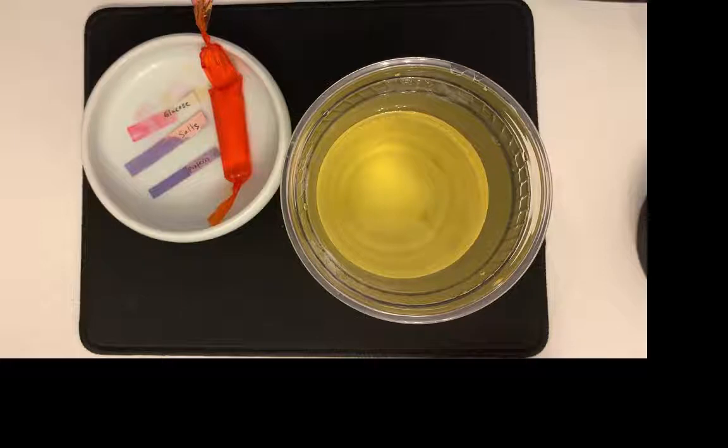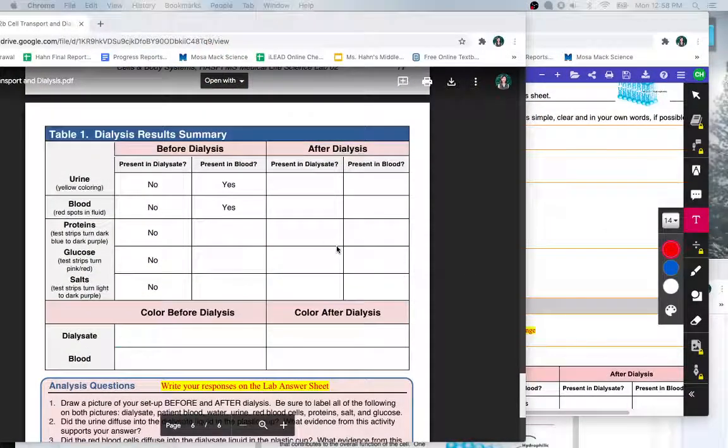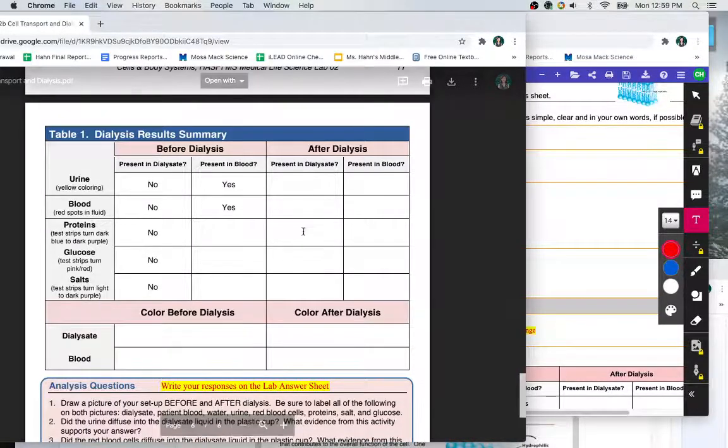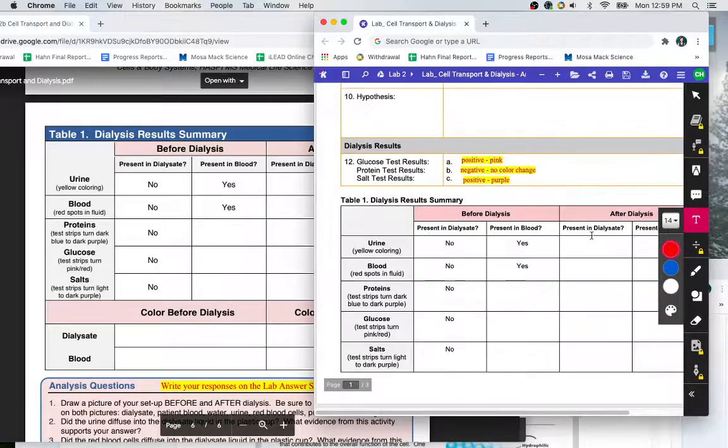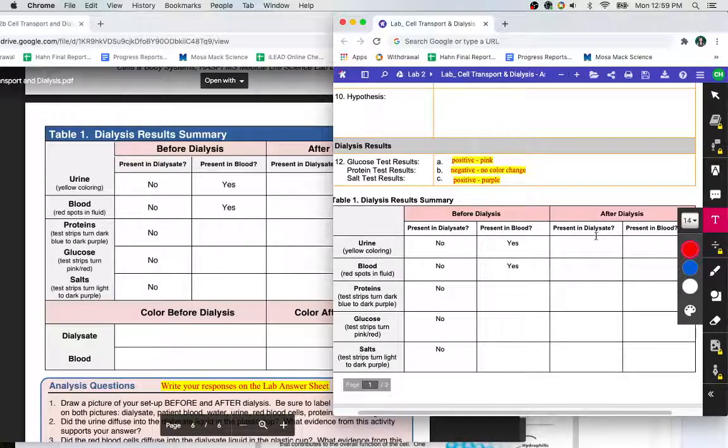Fill in the colors of before and after. I was just talking about this data table, sorry. So in this part right here, we know that the proteins did not move into the dialysate, but the glucose and the salts did.